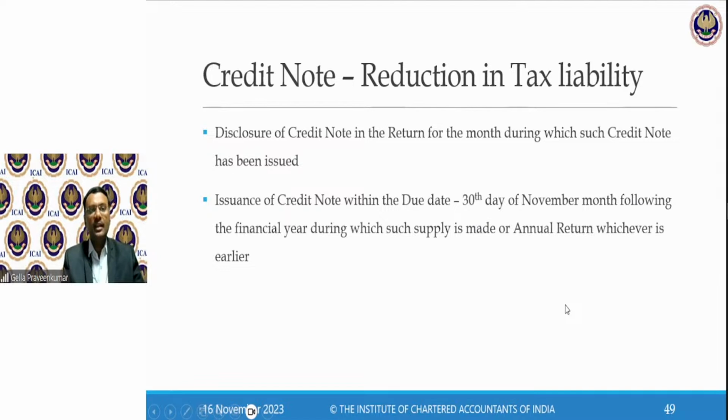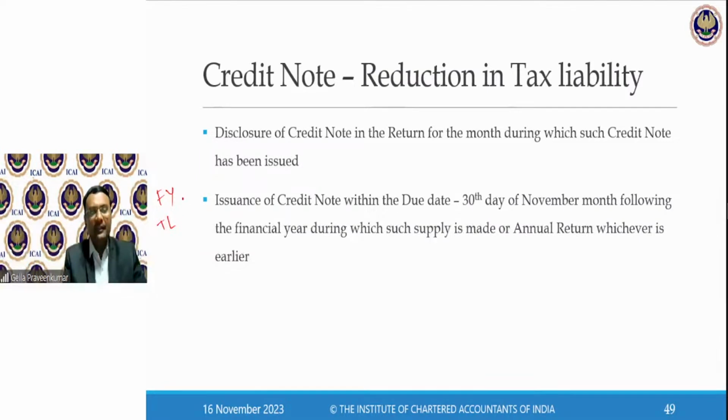Next. Having talked about this credit note, one another aspect we need to remember is issuance of a credit note within the due date, that is the 30th day of November, a month following the financial year during which such supply is made, or annual return, whichever is earlier. Now, for every particular financial year, there is a time limit specified.